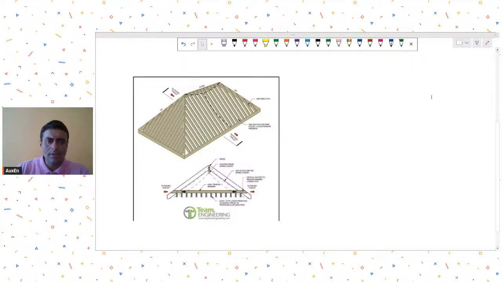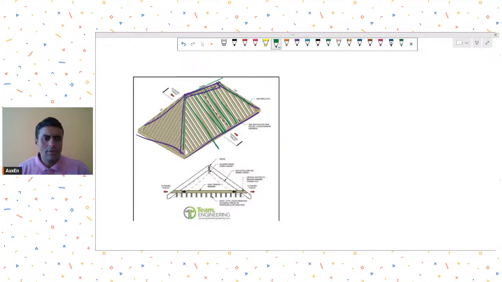So the structural system is quite simple. If you see over here, this is sort of a ridge element. On this, this frame is, let's say, resting. Then you have members over here. So this becomes your primary system, and then you will have this secondary system which you can call rafters.